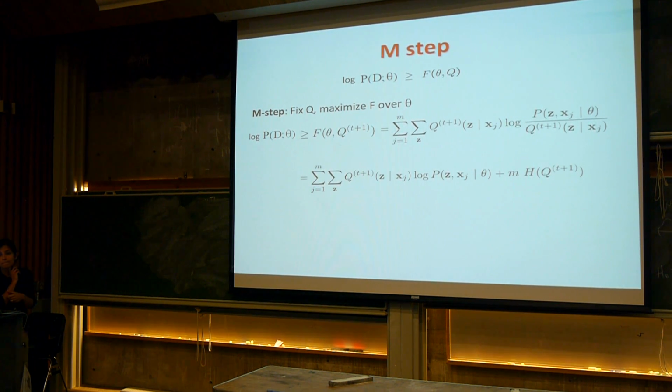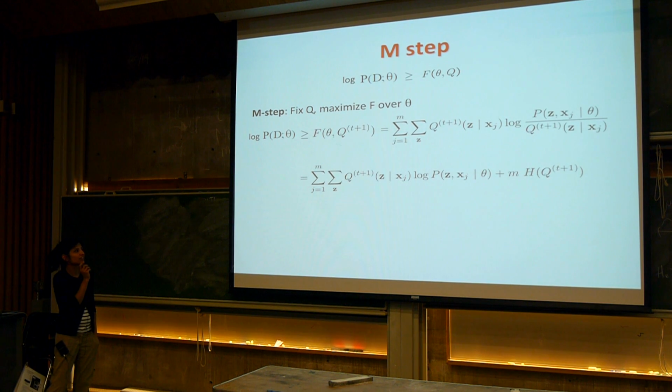Wouldn't it be a separate entropy term for each training point j? So not m times it, but just the sum over j. Yeah, and they won't be the same necessarily. It doesn't matter because it's about to go away. But you're right.